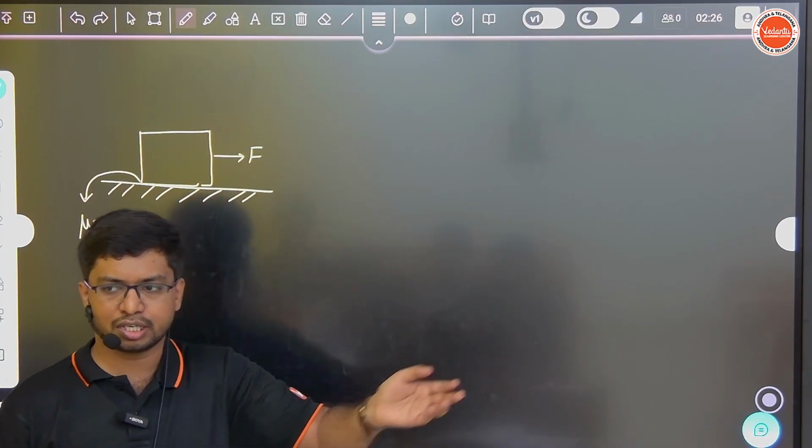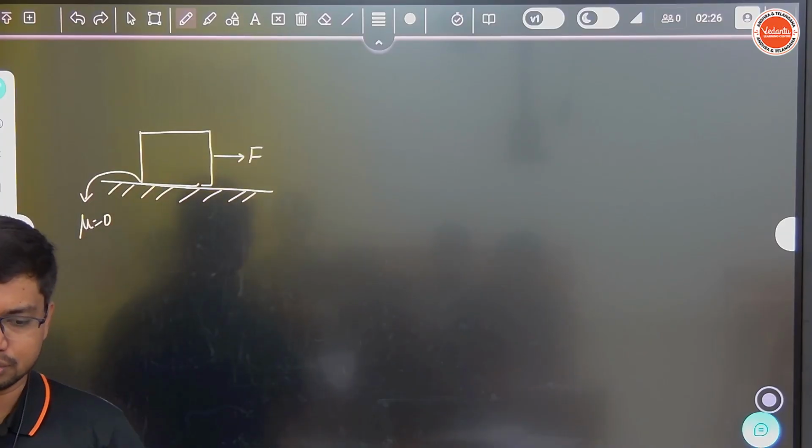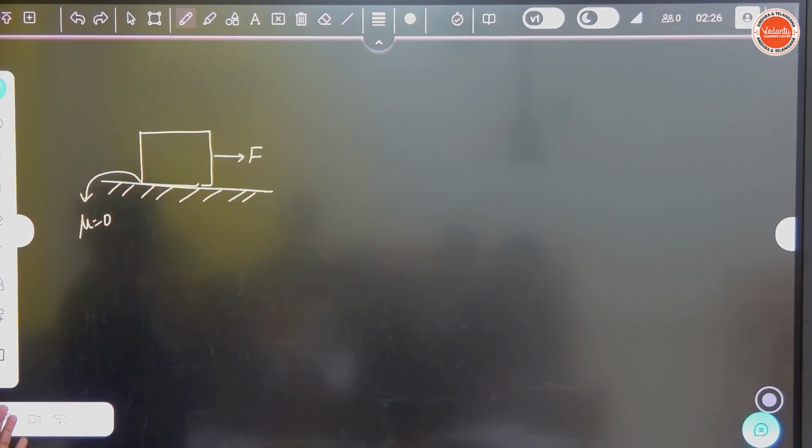Understood the point? So did you understand why we are studying work done and energy together over here? So what is work done now? It is a way to transfer energy to the body or from the body.